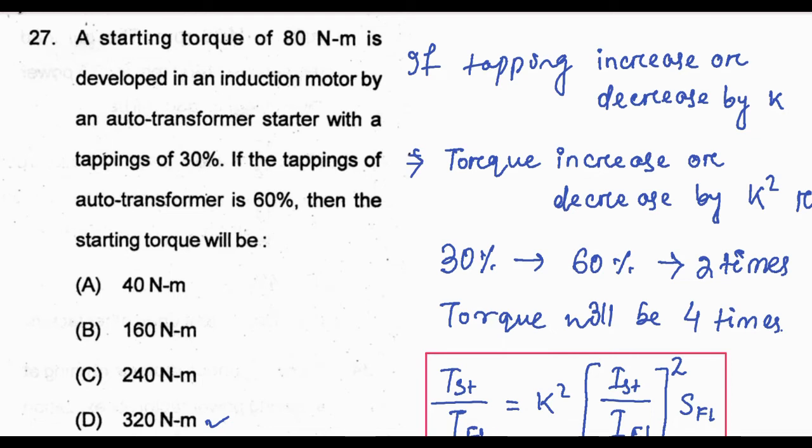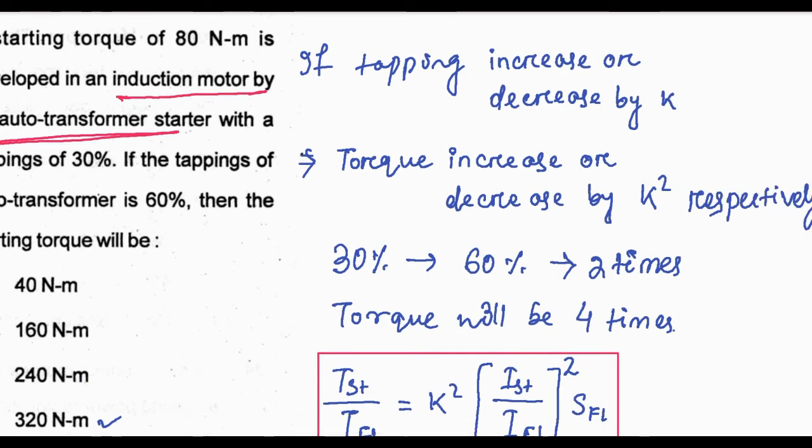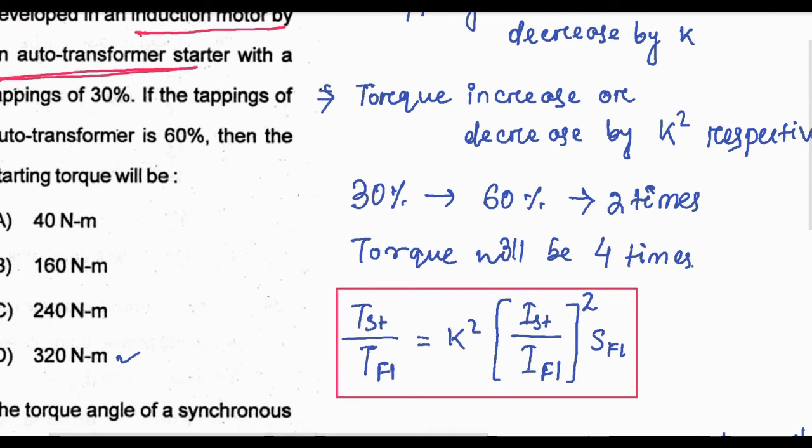In this question, auto transformer starting is used, and if the tapping increases or decreases by a fraction k, then the torque increases or decreases by k square respectively. As here the percentage of tapping is increasing from 30% to 60%, that means 2 times, the torque will be increased by 4 times, that is k square.